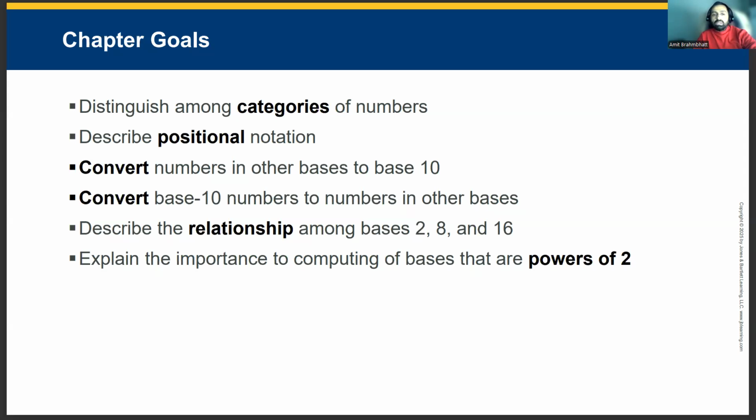We also cover the reverse process, converting base 10 numbers into other bases such as binary, octal, and hexadecimal. In addition, this chapter explains the relationships among base 2, 8, and 16, and why these bases are especially important in computing because computers operate using binary. Understanding base systems that are powers of 2 is essential for understanding how data is stored and processed internally.